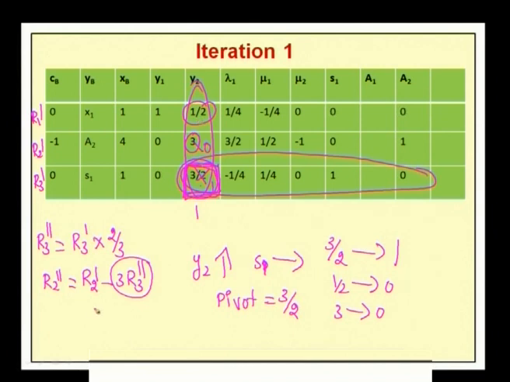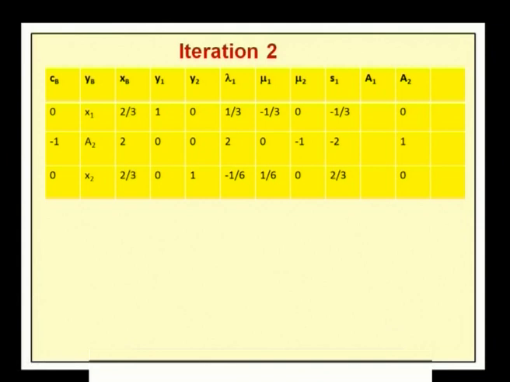For that, from R1 dash, if we subtract 1 by 2 R3 double dash, this entry becomes 0. So, by using row elementary transformations, we convert the pivot element to 1 and the remaining elements in that column to 0, which we display in the next table, iteration 2.